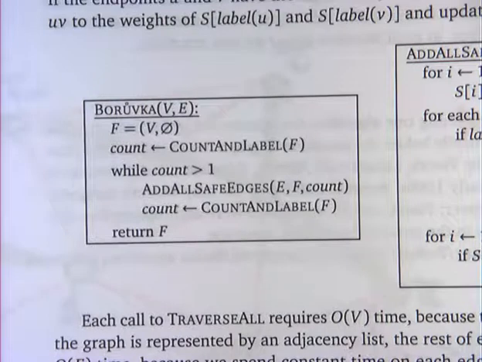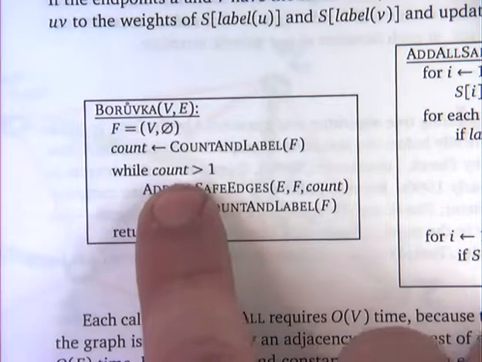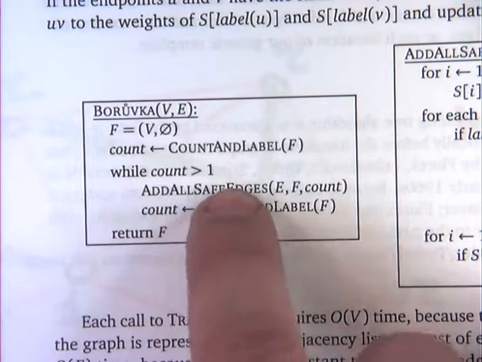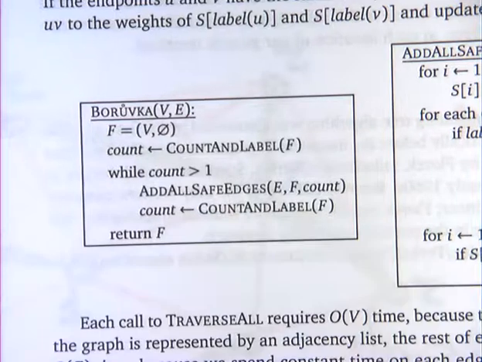I believe Sin was actually supposed to describe that algorithm on Tuesday. If not, it is in the lecture notes. It's really just DFS with a for loop around it. And then as long as the forest has more than one component, I add all the safe edges, and then I recurse, which means I recompute this labeling, recount the number of components, relabel the vertices, and repeat the loop.